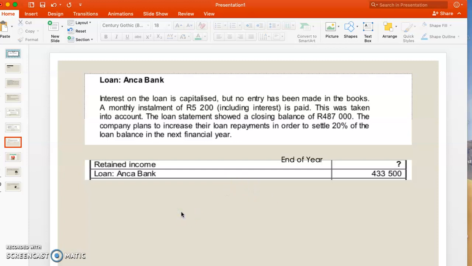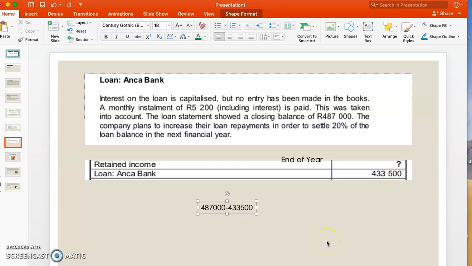Okay, so this one is a little more confusing. Like I said, don't let the monthly installment, which has interest, scare you. Don't use this amount. What you're going to use is the closing balance. They told you that the closing balance is 487,000 Rand. And then you can see in the trial balance that there is an amount of 433,500.